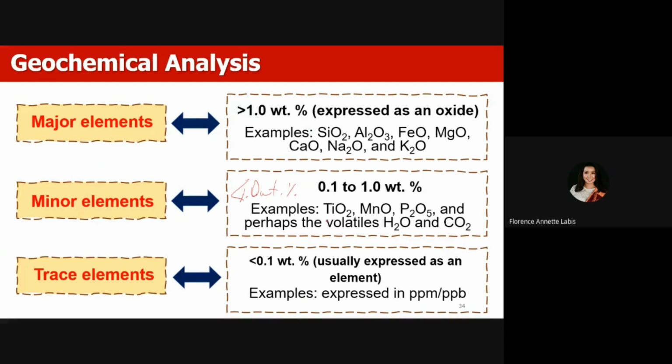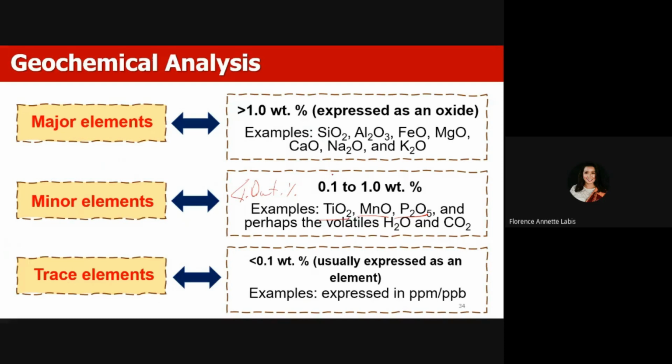You have to remember the oxides given here, okay? As you can see, these major elements are the oxides that we usually see in the composition of each rock, or of each sample.